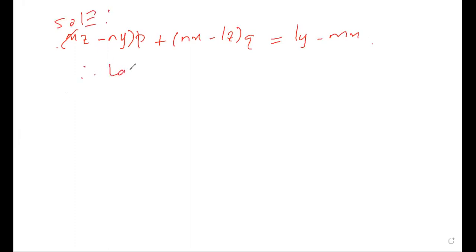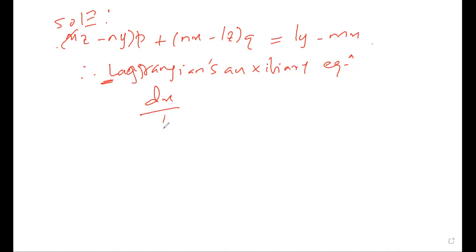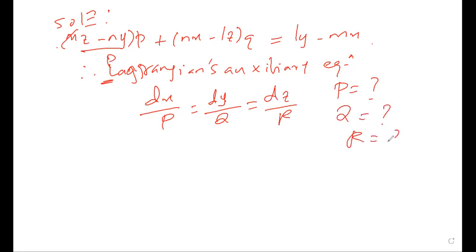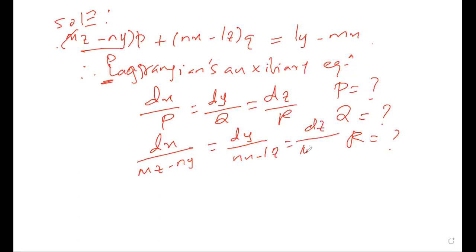Therefore the Lagrange's auxiliary equations, which is one person's name, are given by dx over P, dy over Q, dz over R. So write down what is P, what is Q, what is R, and then substitute. dx over mz minus ny, dy over nx minus lz, dz over ly minus mx.